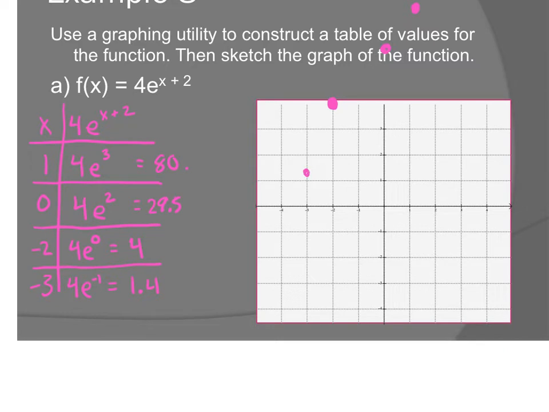So about there. And then let's plug in -4 too. So we have 4 times e raised to the power of -2, which is 0.54. About right there. We see all of our values keep getting closer and closer to the x-axis, but they're never going to touch the x-axis.